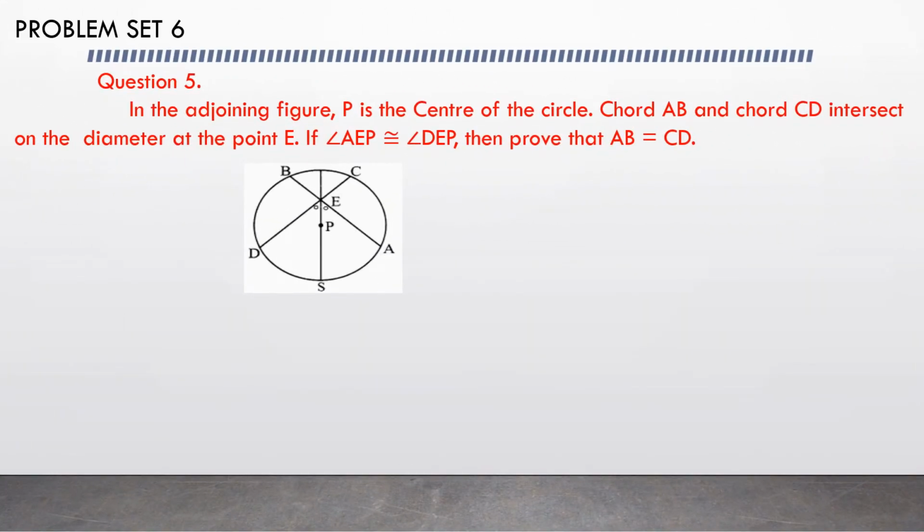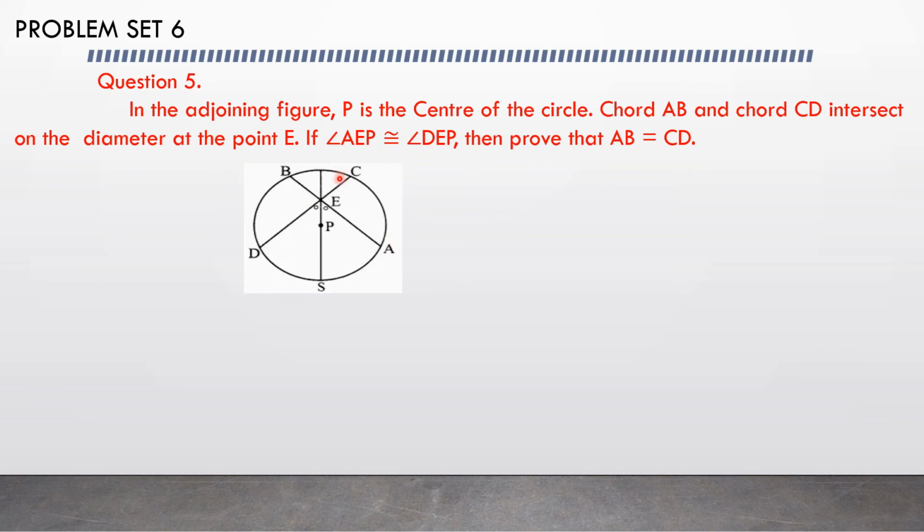Question number 5. In the adjoining figure, P is the center of the circle and chord AB and chord CD intersect on the diameter at the point E. If angle AEP is congruent to angle DEP, then prove that AB is equal to CD.